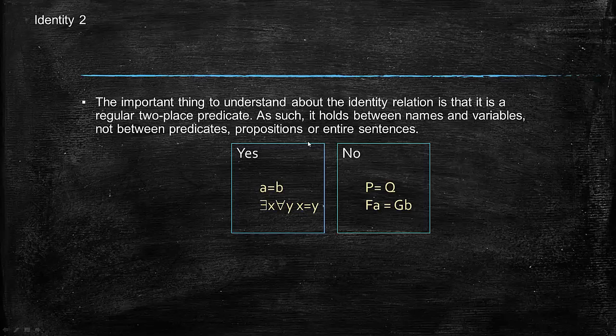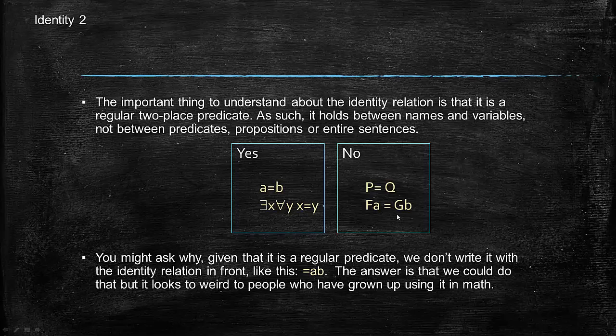P equals Q, whether P and Q are understood as symbols in propositional logic or as predicates in predicate logic, that's wrong. The identity relation is not defined on propositions. So we don't talk about one proposition being identical to the other in predicate logic.